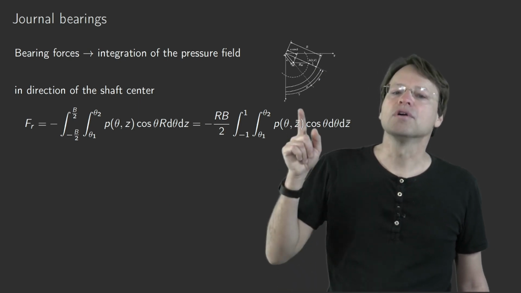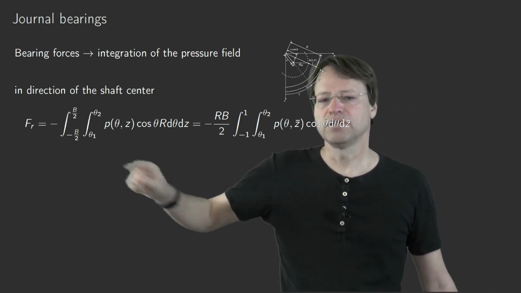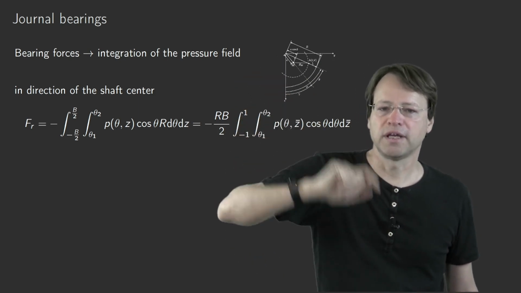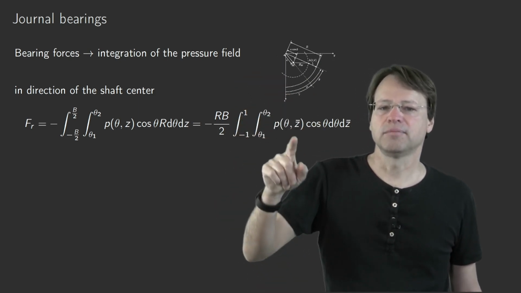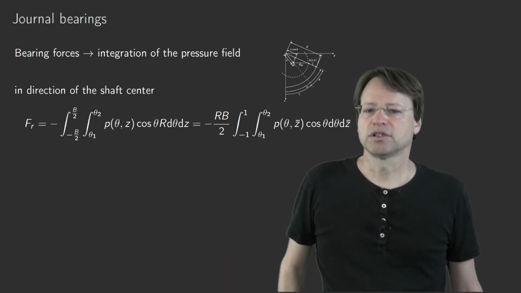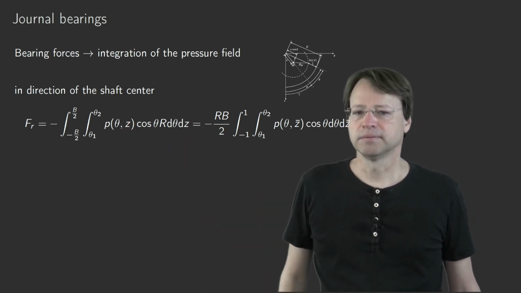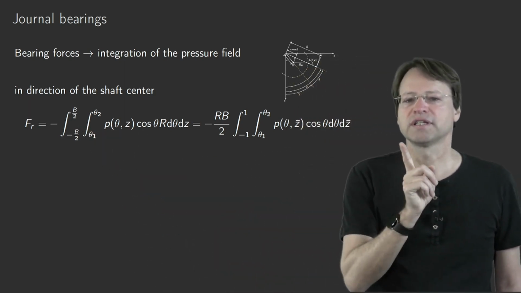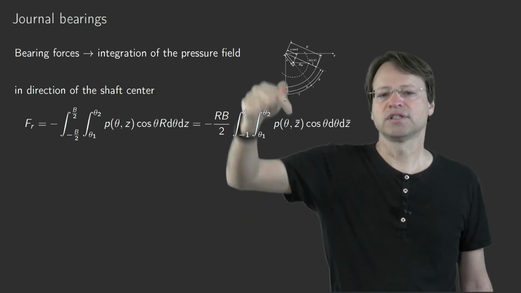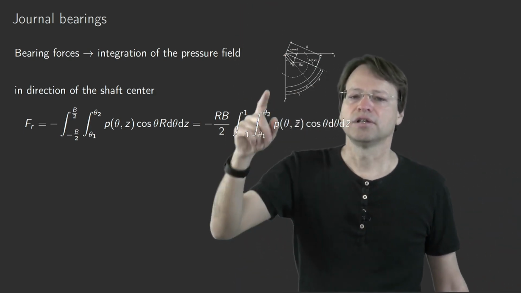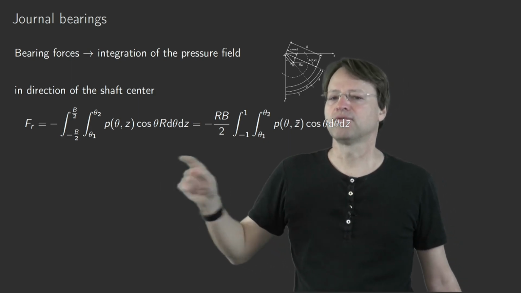Then we integrate over a certain range of theta values, so deviations from that radial direction indicated by the angle gamma, and we project the pressure field with the cosine function. And there is a negative sign because the pressure field acts on the surface, and we compute the force against that direction, so in radial direction. So this would be the formula.